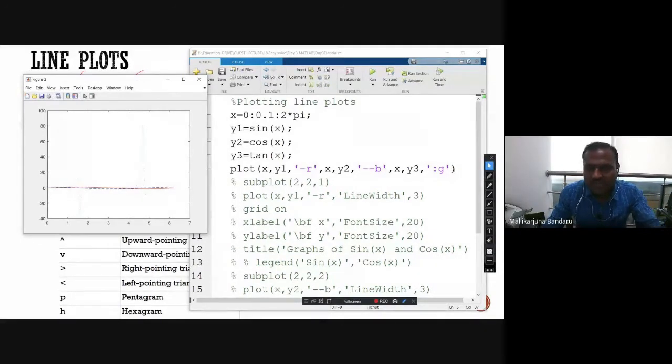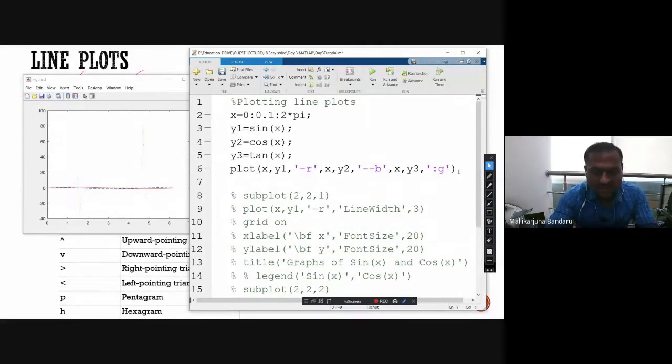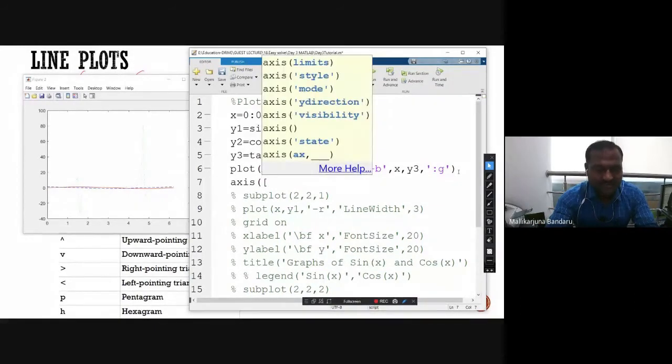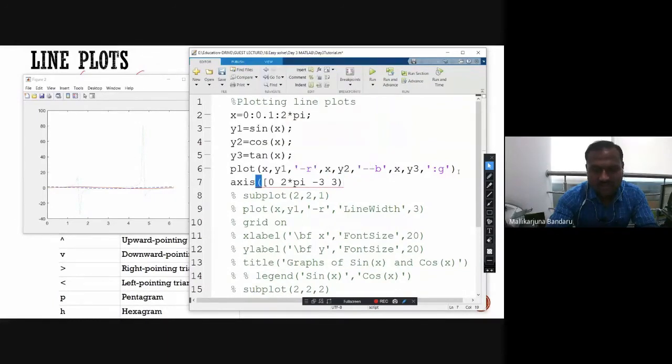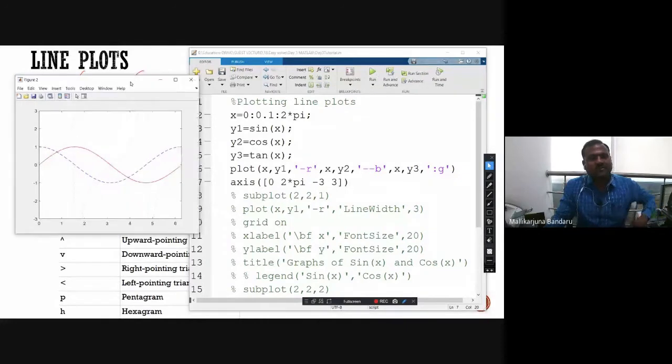Now for this case, you feel the requirement of setting the axis. Right, 0 to 2 pi, and the range should be suppose maximum -3 to 3 is enough, I think. Yeah. See also.